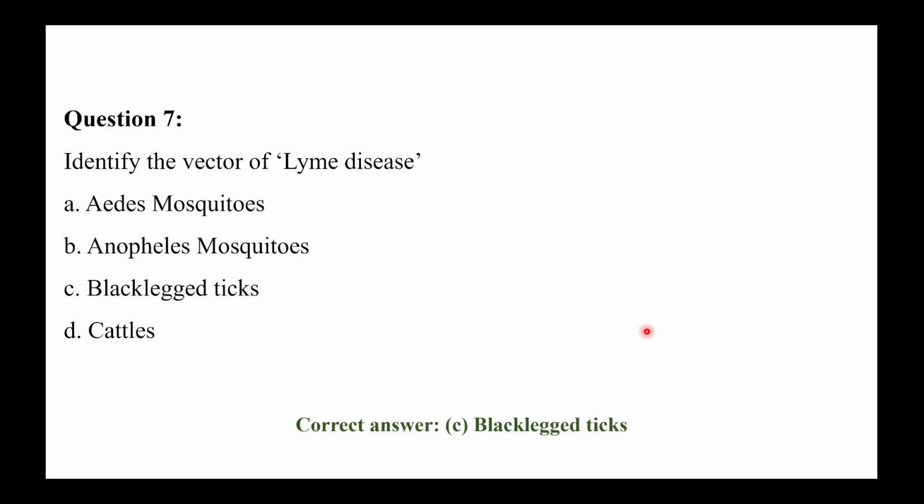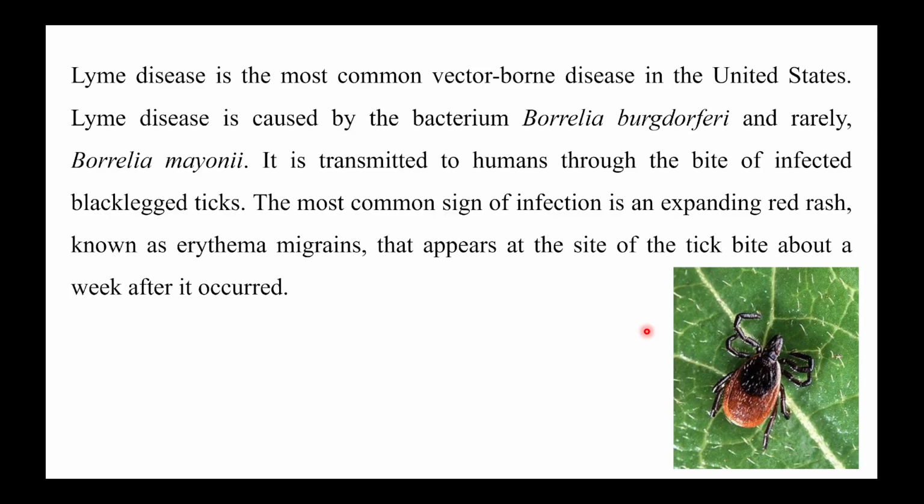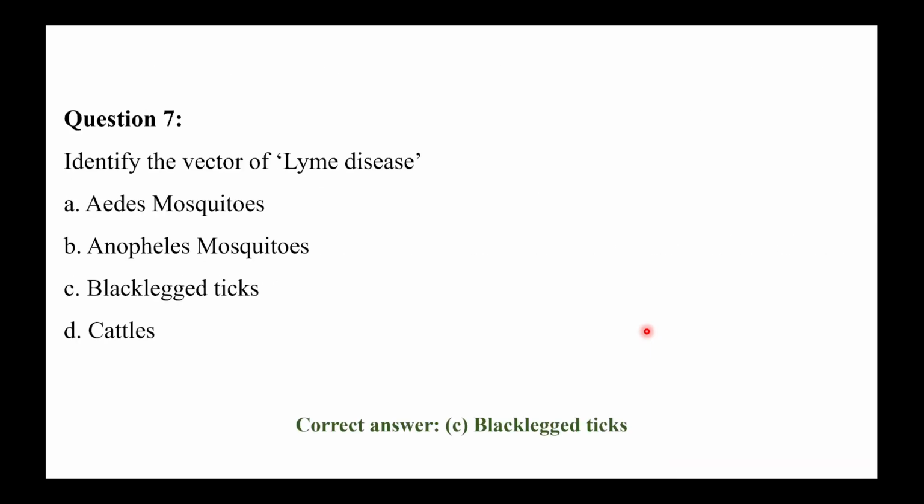The other three options that were there were Aedes mosquito, Anopheles mosquitoes, and cattle. There are certain diseases that are transmitted through cattle. Aedes and Anopheles mosquitoes carry the famous mosquito-borne diseases, dengue and the malarial pathogens.